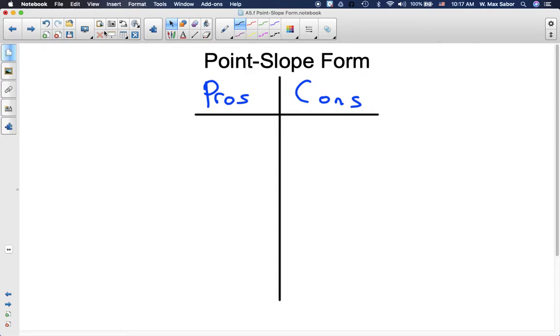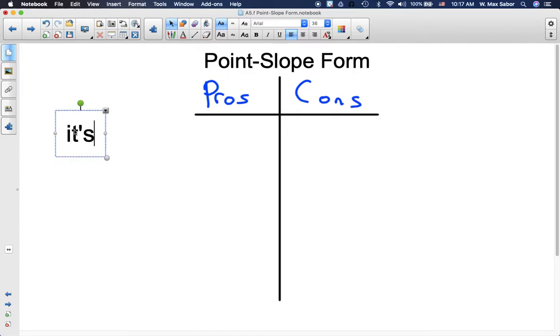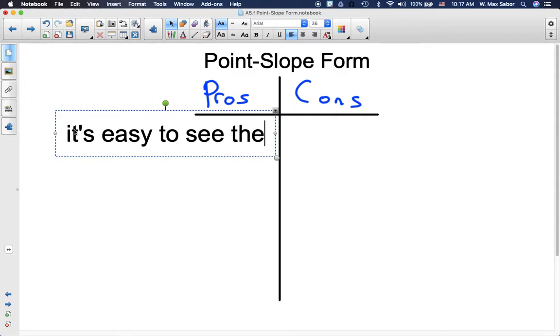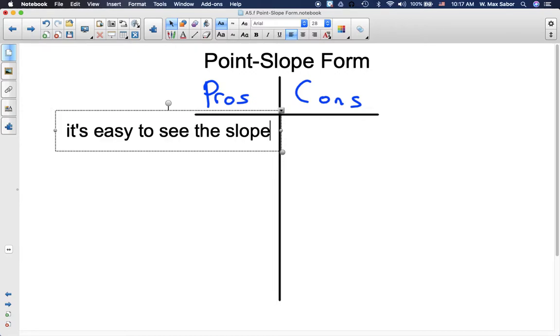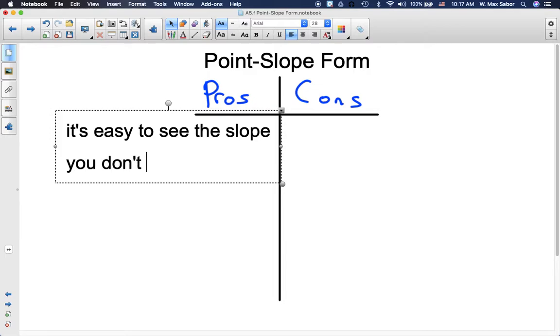So the advantages of point-slope form, there are a few. One of the advantages is it's easy to see the slope. Another advantage of point-slope form, you don't need the y-intercept.